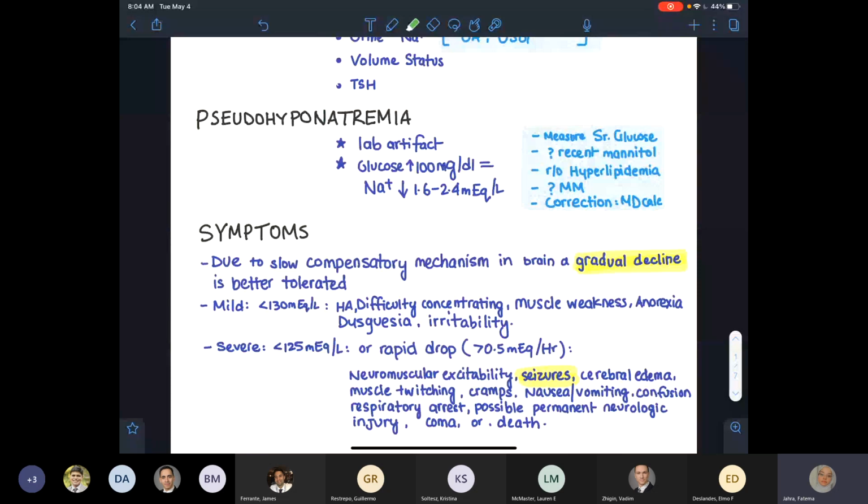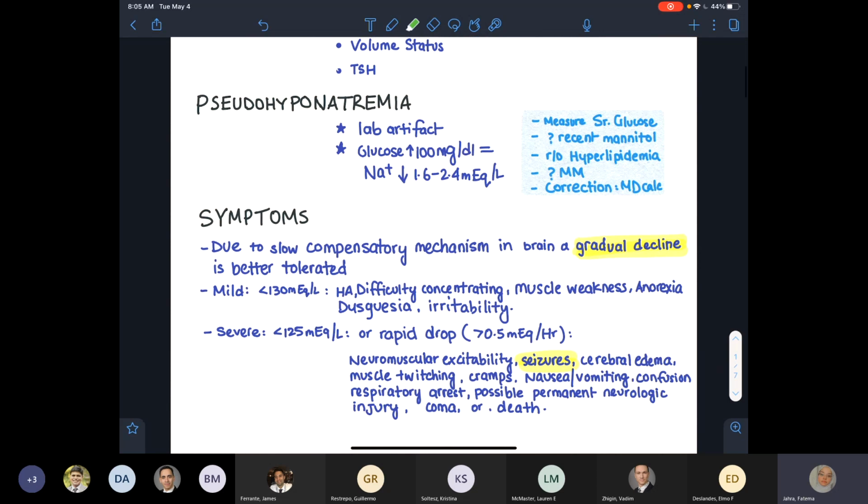I also want to just get the pseudohyponatremia out of the way. It's when you have a lot of osmotically active solutes like glucose, high protein, or high lipids. It's basically a lab artifact where it changes the fraction of water in a lab tube and gives you falsely low sodium.